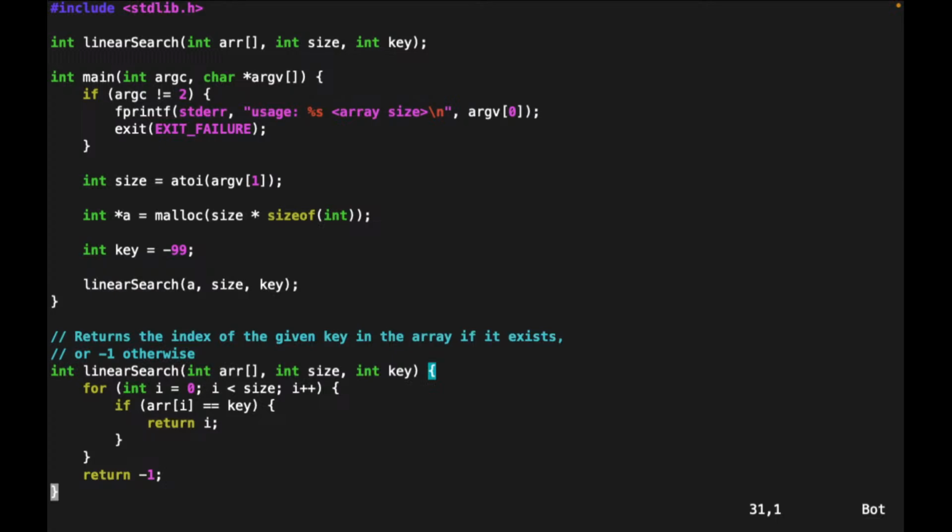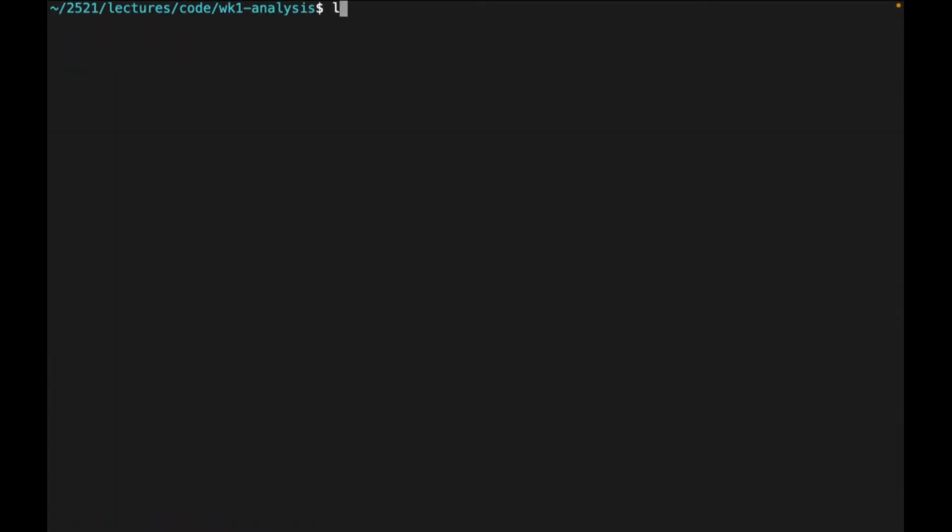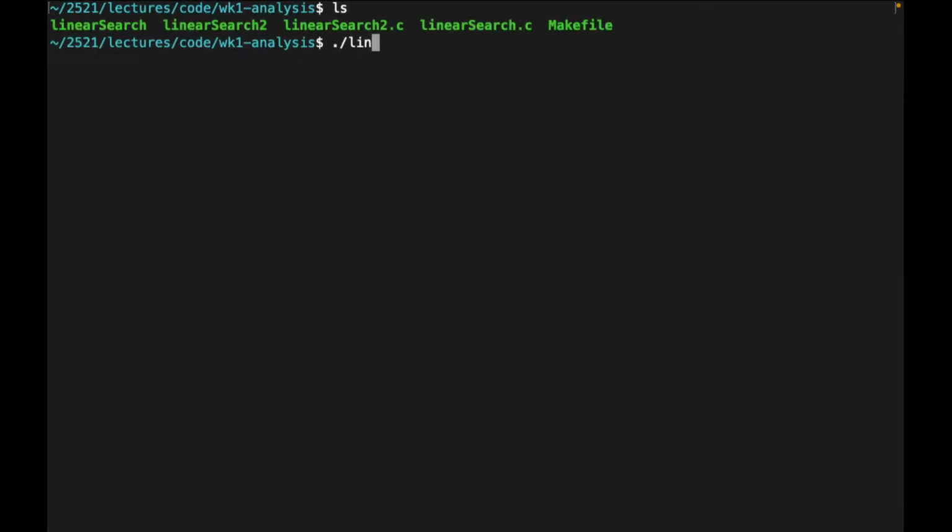So let's try and time how long this program takes. It's called linear search 2. So I'll put time and say linear search 2.